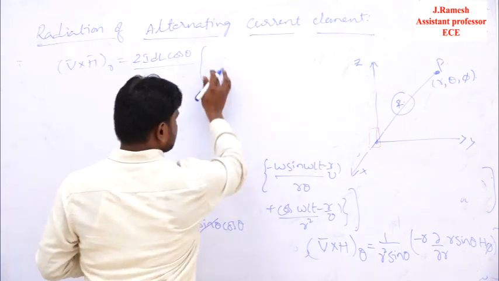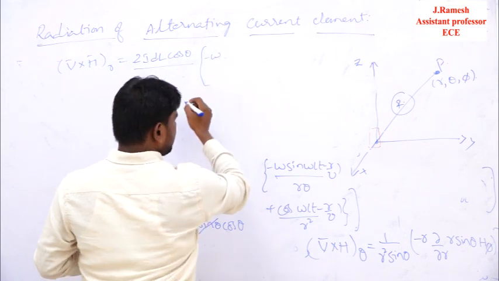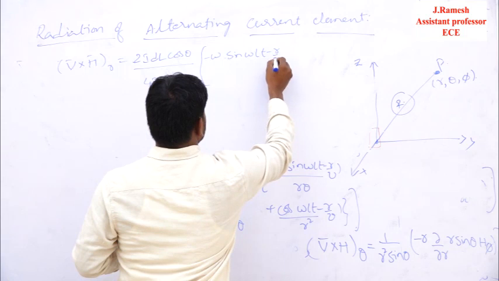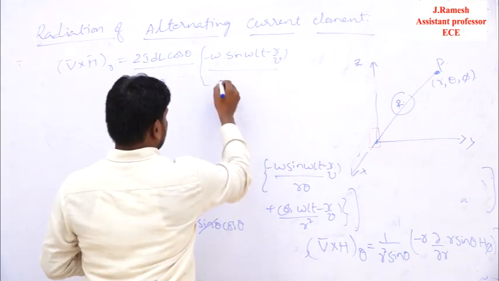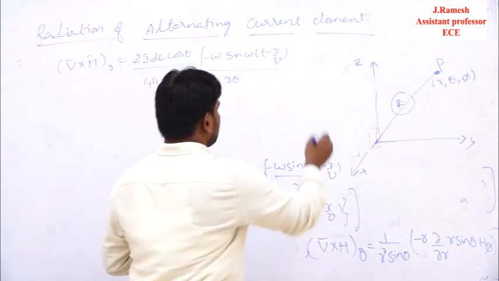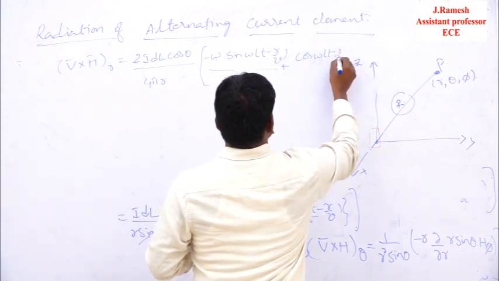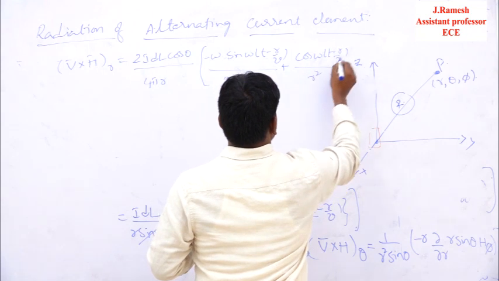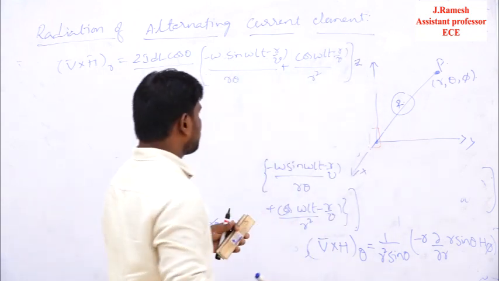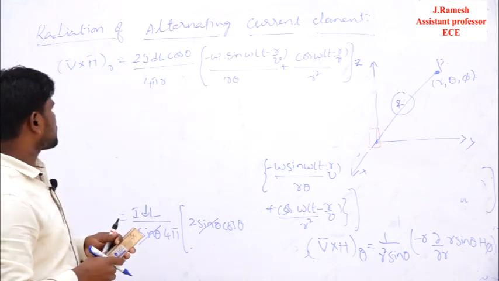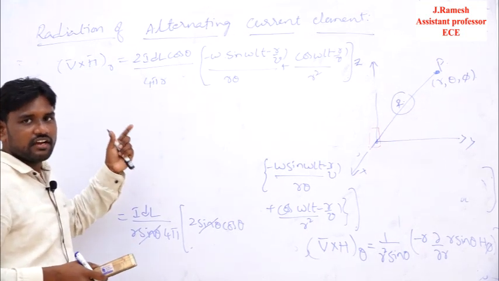What are the remaining two terms? Minus omega into sin of omega into t minus r by v by r, plus cos of omega into t minus r by v by r square. So now this is the expression for del cross of h bar, the radial component r.